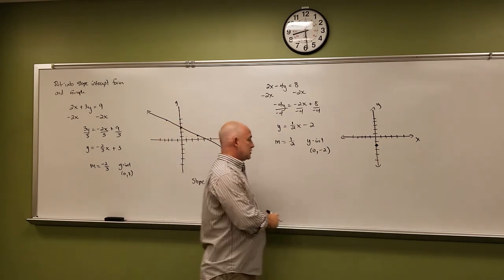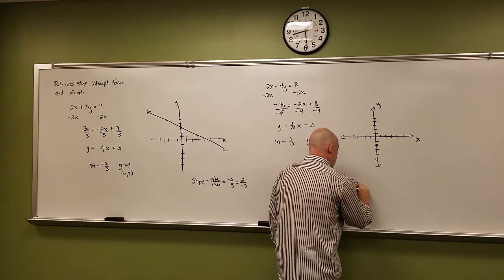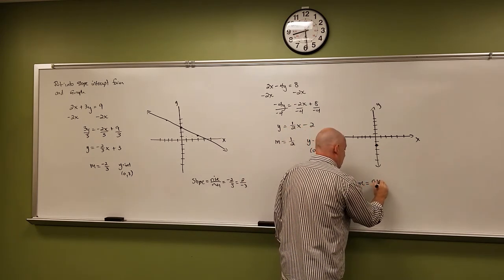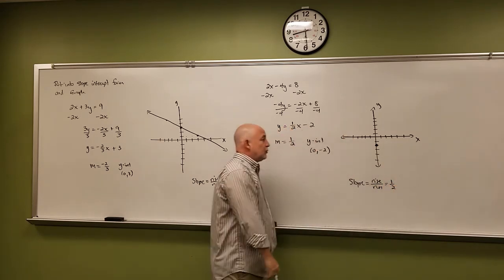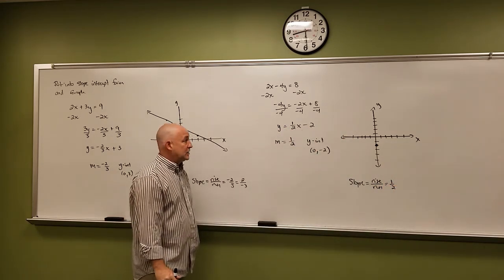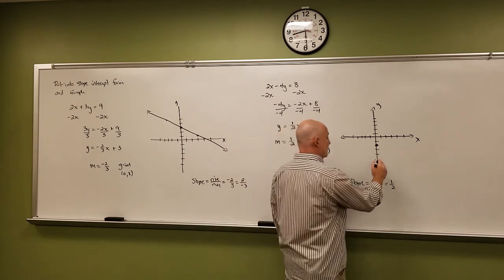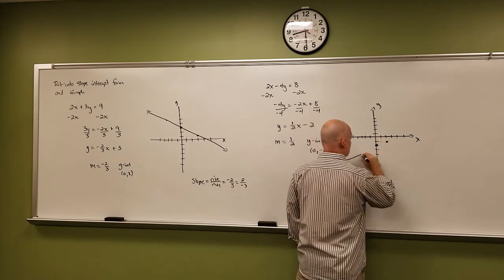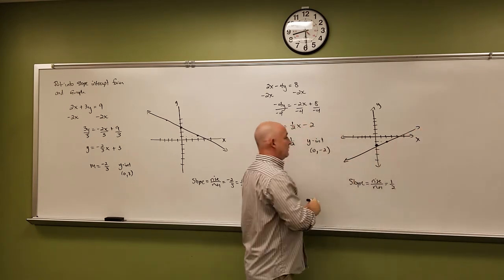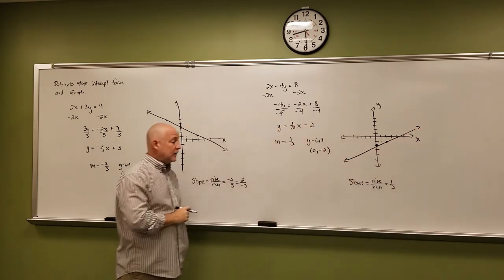Then we're going to use our slope, which again is rise over run, and we're going to use that as directions on how to get to the next point. So that says go up 1, over 2, put a dot. All right, there you go. There's our line, that quick and that easy.